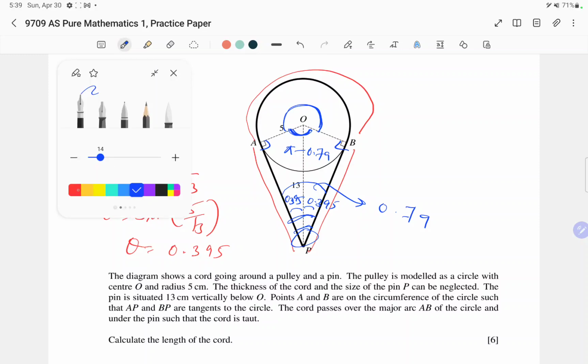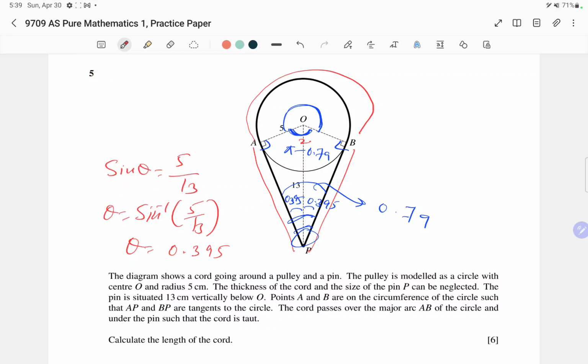So now this angle I have is 2.35. So the outer will be 2 pi minus 2.35, because the angle made around a point is 2 pi. So 2 times pi, that's 2 pi minus 2.35, which is 3.93. So this is 3.93.